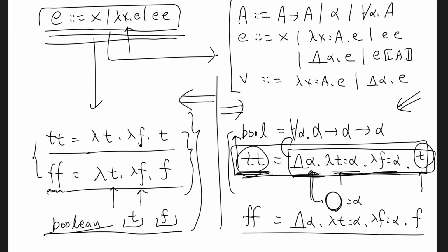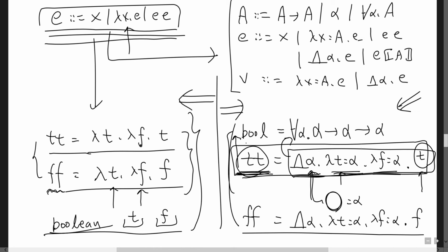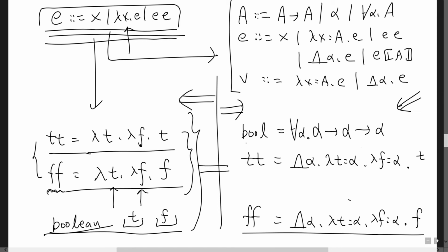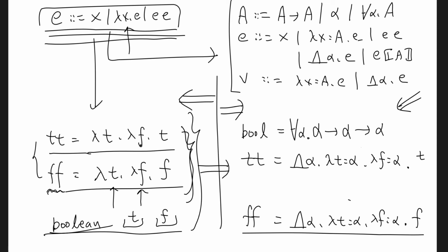So this is how we encode the Church Boolean in System F. And the encoding here is perhaps hopefully more readable than the encoding in untyped lambda calculus. Next, let's see the Church numeral.